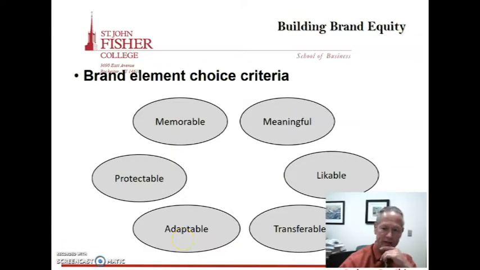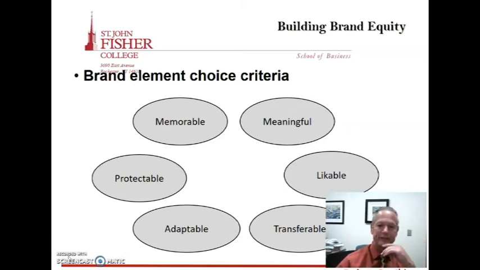So the other things that really help build brand equity are different things and different criteria for your brand. Oftentimes, brands have multiple criteria. For instance, brand being transferable. Nike, the swoosh is very transferable, and they license it to different products throughout the world. The swoosh is very transferable to different products and different industries.